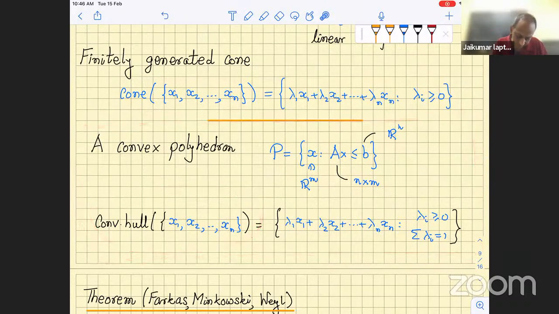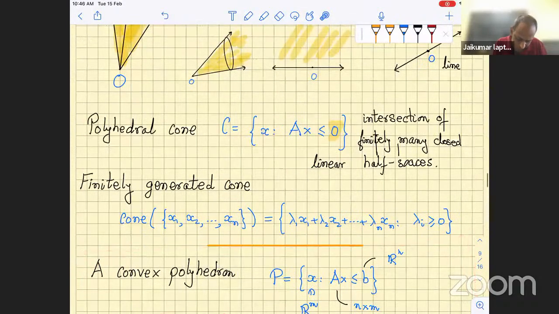Maybe you have not seen this before, but is it clear what a polyhedral cone and a finitely generated cone are? One is defined in terms of equations, the other in terms of points. We are leading to that big theorem in convex geometry: a polytope can be described as a bounded polyhedron, an intersection of half spaces which happens to be bounded.